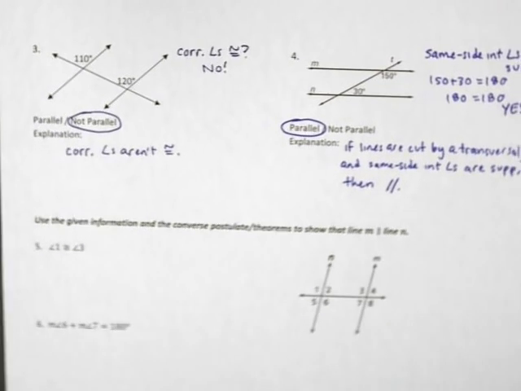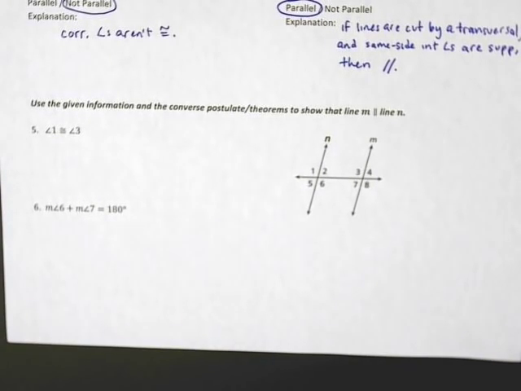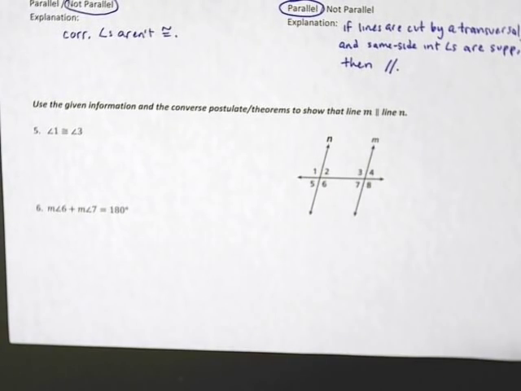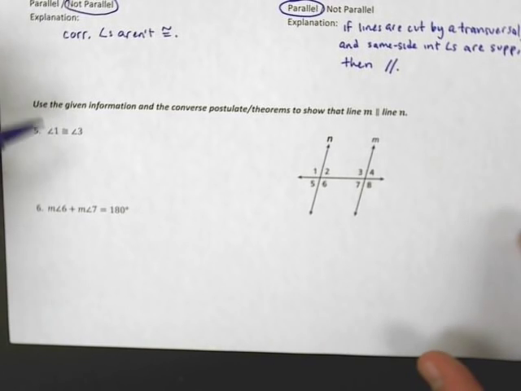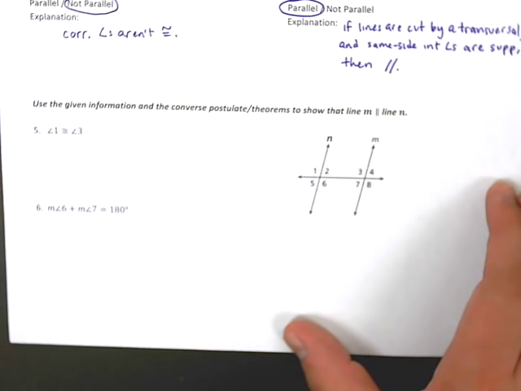Alright. Last two, let's get through these and then we will call it a day. Use the given information in the converse postulate theorems to show that line M is parallel to line N. Alright, so if we look at angle 1 and angle 3, we are being told that they are congruent. Now, for this, I'm going to use a pencil only because I might want to erase my markings in a little bit.